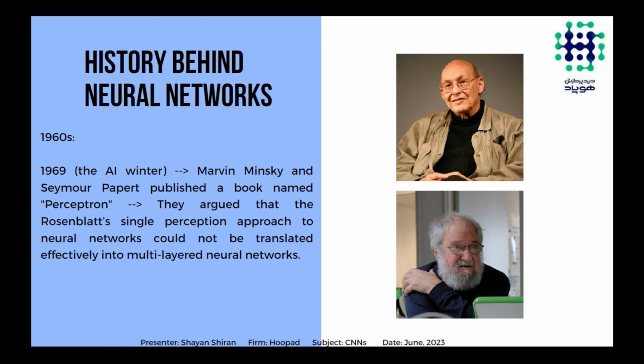It was after these comments and interviews that investing establishments took a step back and didn't invest in neural networks. It was in that time that the AI winter began, and it lasted nearly a decade. I believe it was between 10 to 12 years.